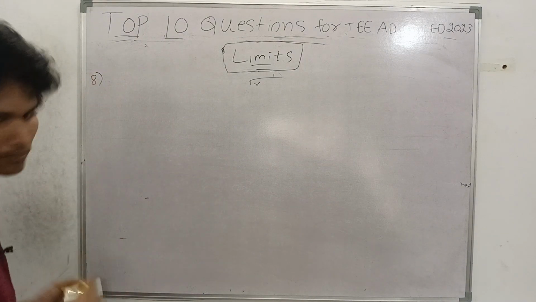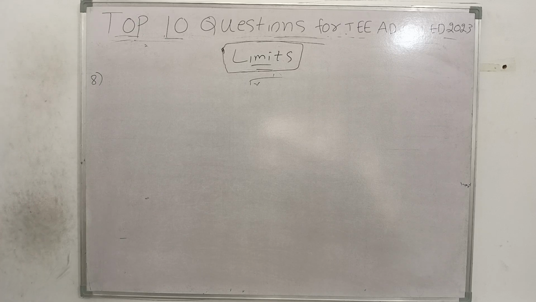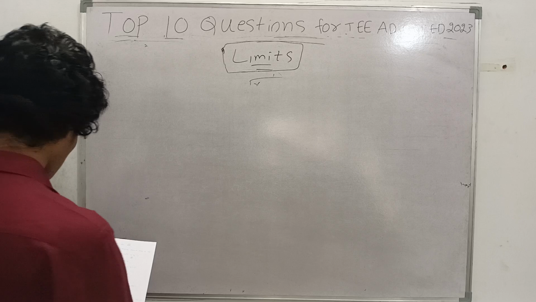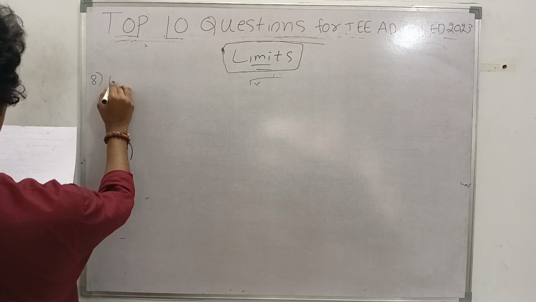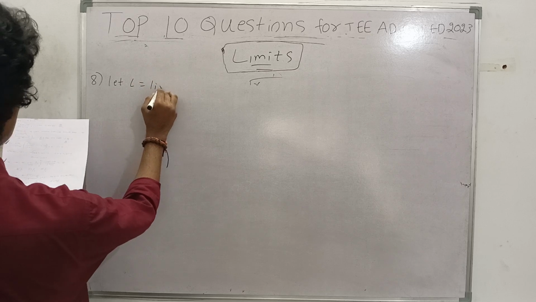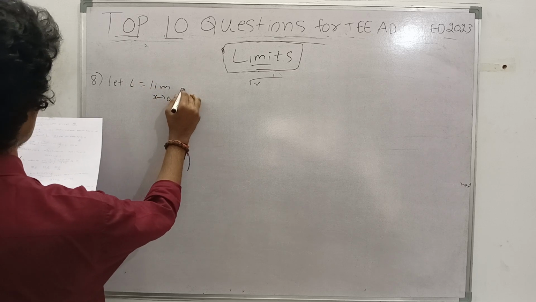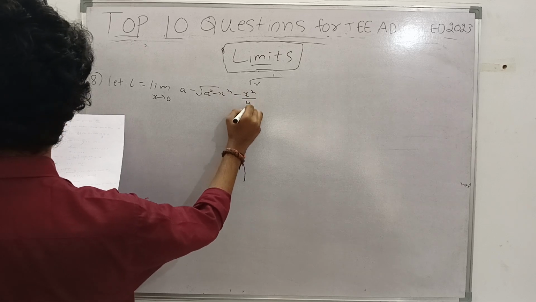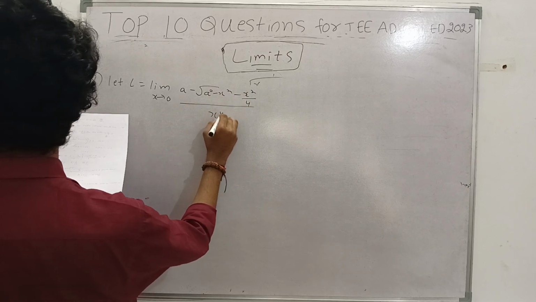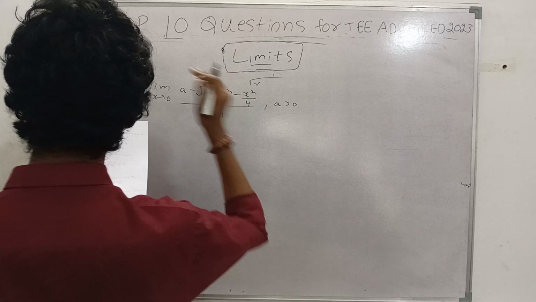Now 8th question. Let L equal limit x tending to 0 of a minus root of a square minus x square divided by 4, divided by x power 4, and a is greater than 0.